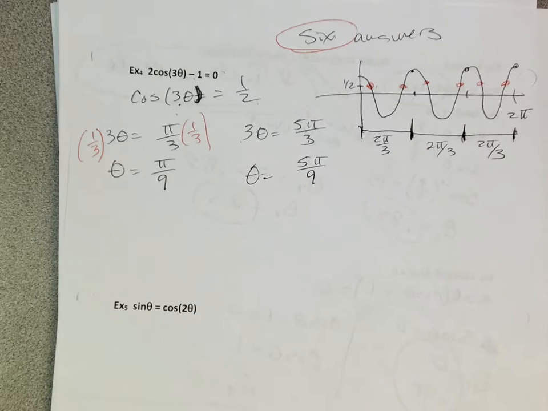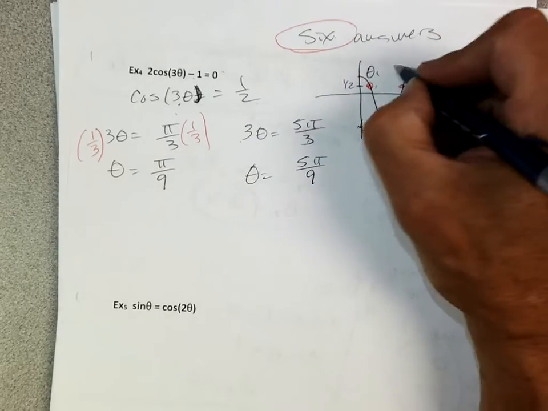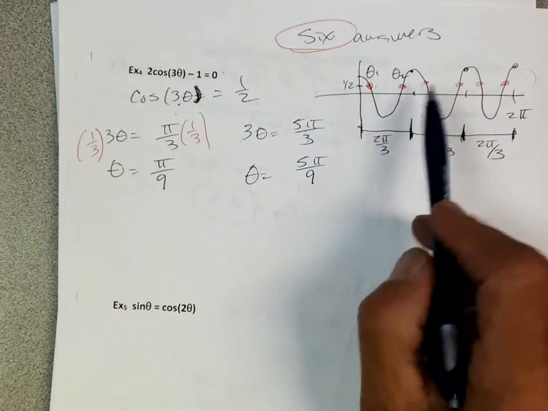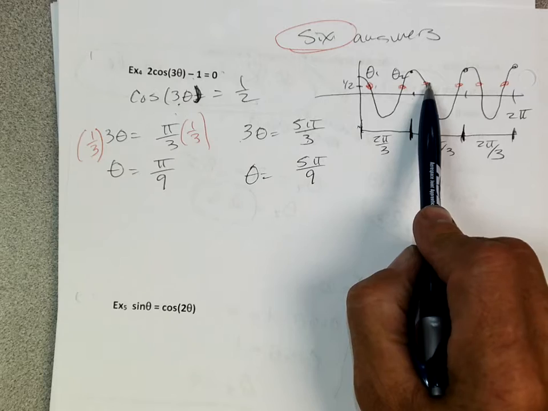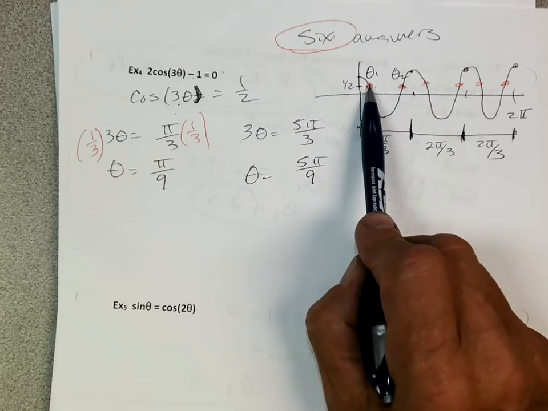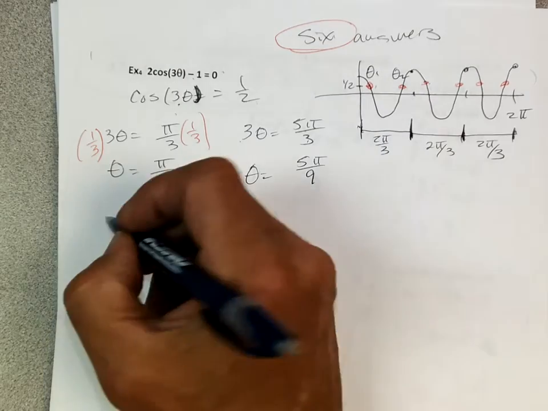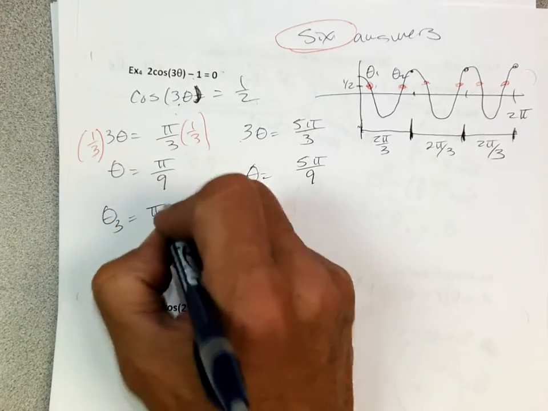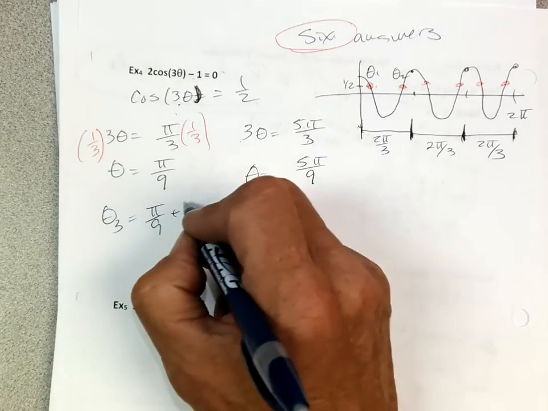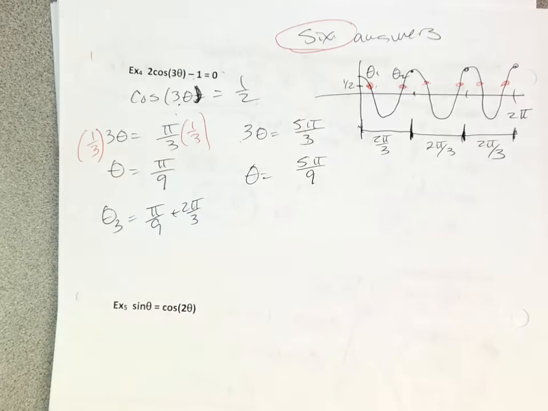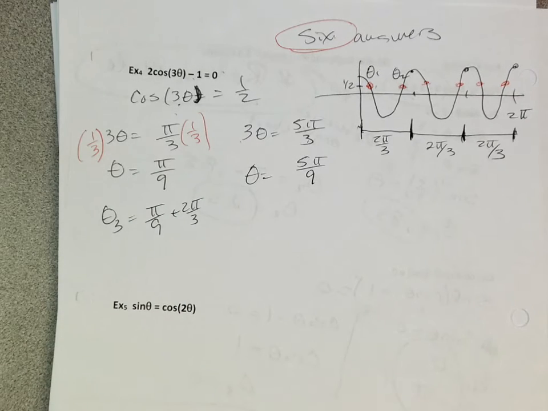So we've got theta 1 and theta 2. This is theta 1 here. This is theta 2, okay? To get to theta 3, we've got to add 2 pi thirds. So theta 3 would be pi ninths plus 2 pi thirds, okay? We could get a common denominator and make a better answer to that, which I will later.